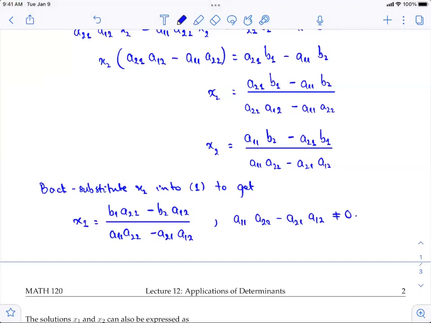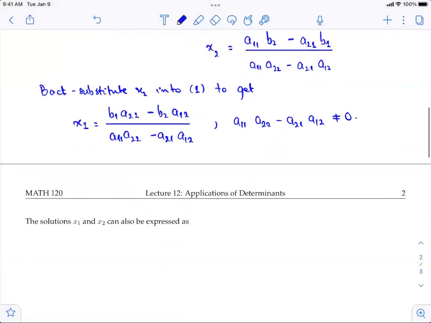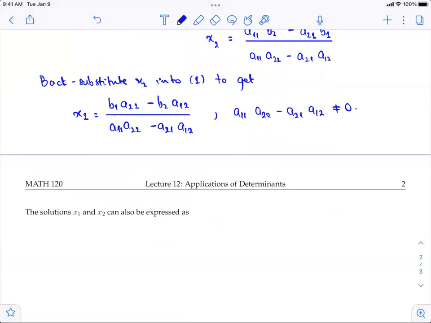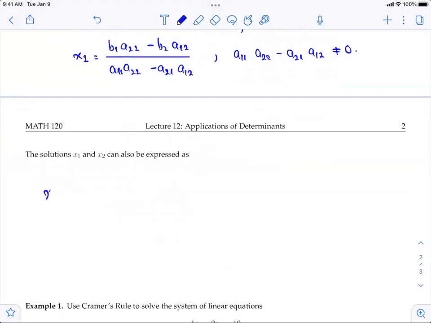Just the letters. The idea is that if you notice x1 and x2, the numerator and the denominator of the solutions can actually be written as the determinants of a 2x2 matrix. So for x1, the numerator is equal to the determinant of the form B1, A12, B2, A22.